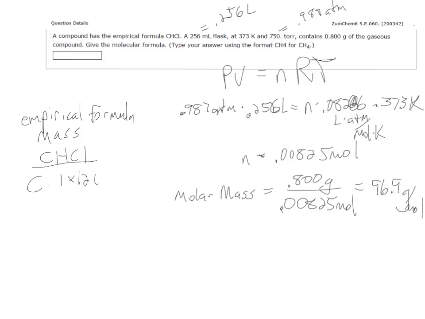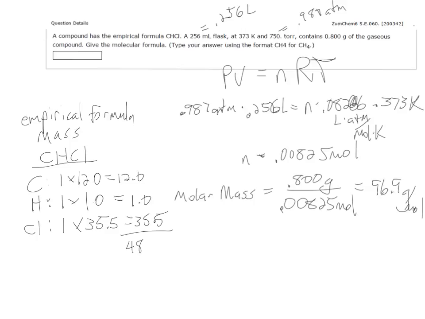One atom of carbon, one atom of hydrogen, and one atom of chlorine. And if we add all of that up, we get an empirical formula mass of 48.5 grams per mole.